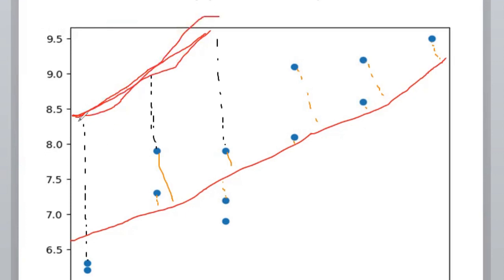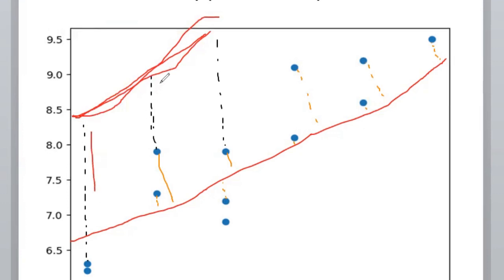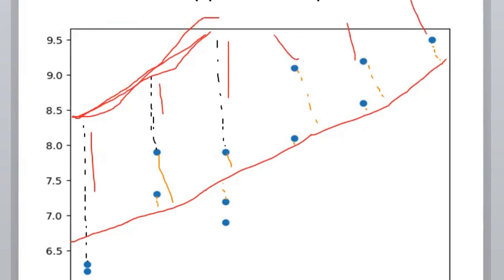This line has more distance. These are larger distances, this large distance, this large distance, and each data point will have so much distance. So I think that this line is not the best fit as there are more distances.